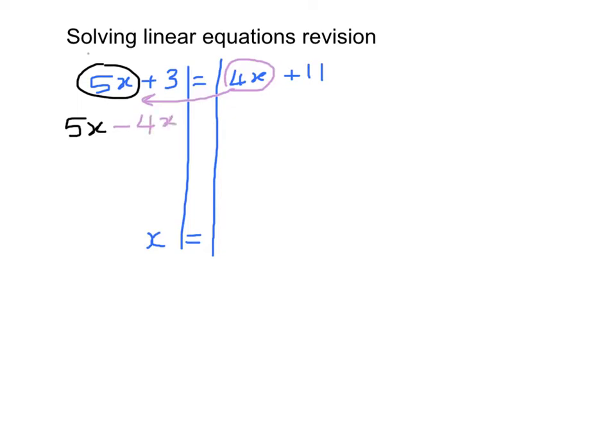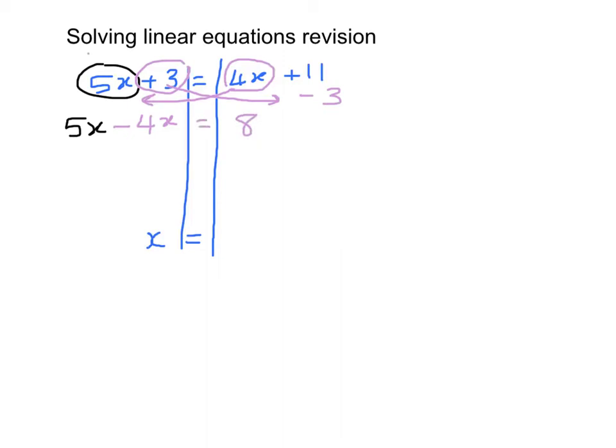Here we were adding 4x, there's actually a plus in front of it, it's now minus 4x on that side. And I'm going to get rid of the 3 here, it's a plus 3, and it's going to become a minus 3 on the other side. I've still got 11 there, 11 minus 3 is 8 on that side.